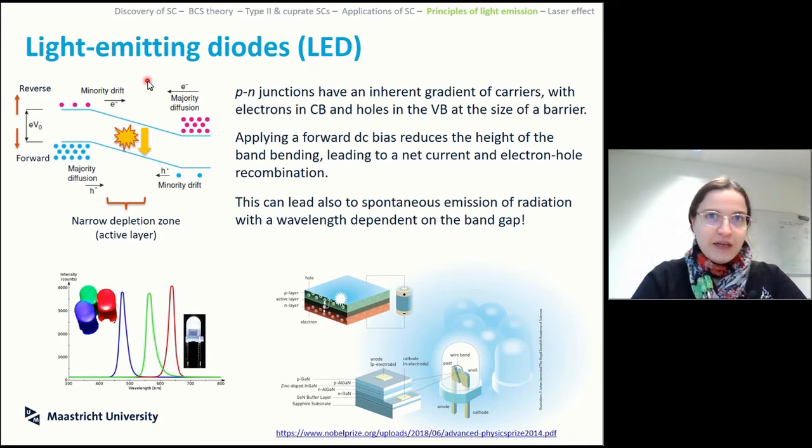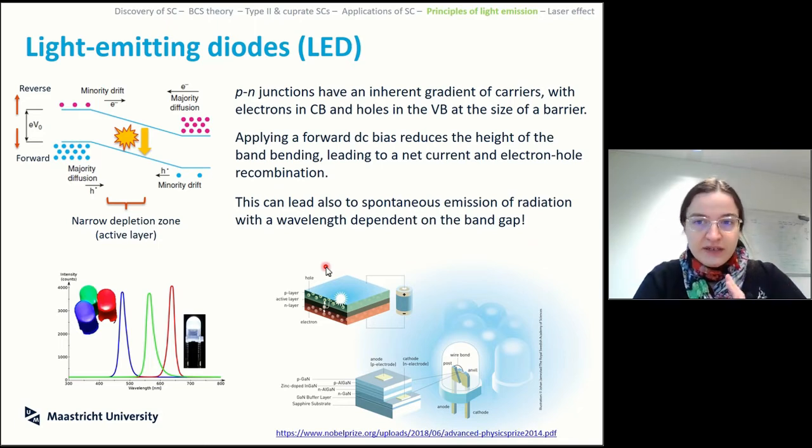But they figured out that actually, what if we don't want this thing to act as our p-n junction, but for other purposes? What if we want it to emit light? And this was the concept behind the light emitting diodes, also known as LEDs. Usually the wavelength emitted depends on the band gap.